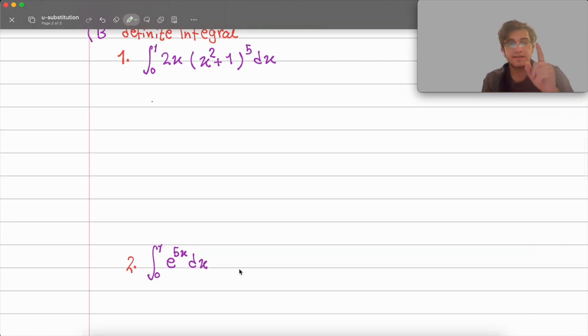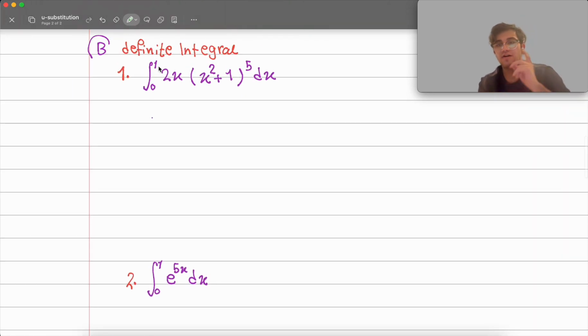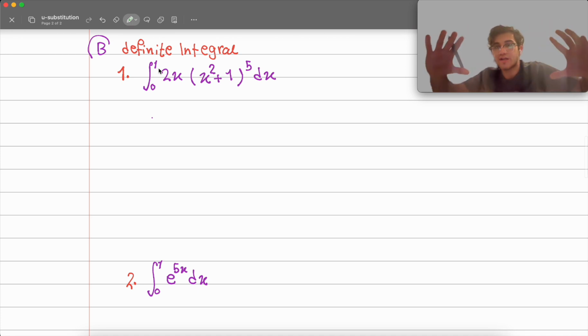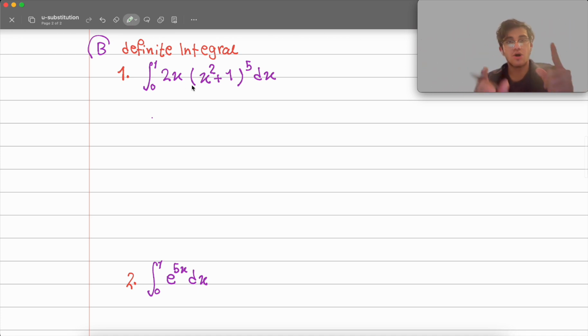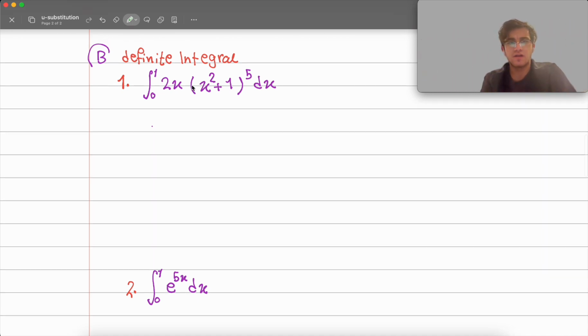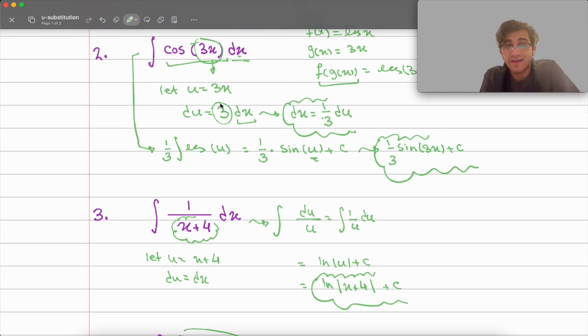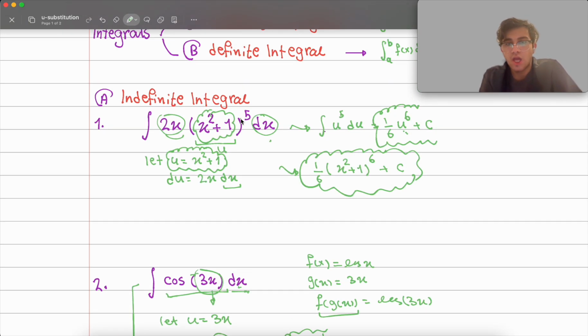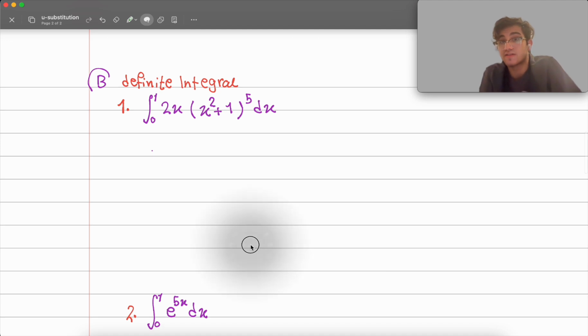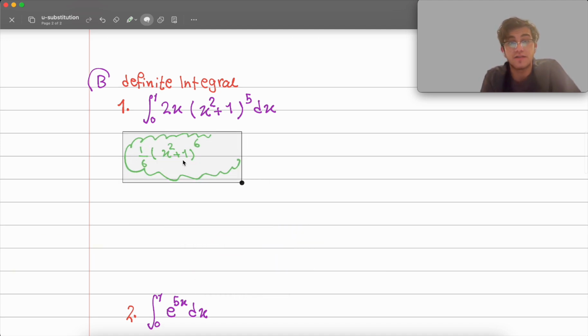The thing is, now I can see the bounds of integration. Now I have the limits of my region where I'm taking the area of that. So what is the difference? So the first thing is I can take this one right here, without the c perhaps, because the definite integral is going to be in terms of a number only.